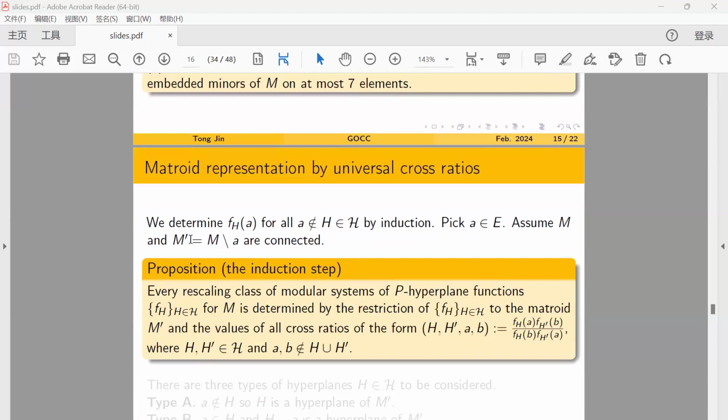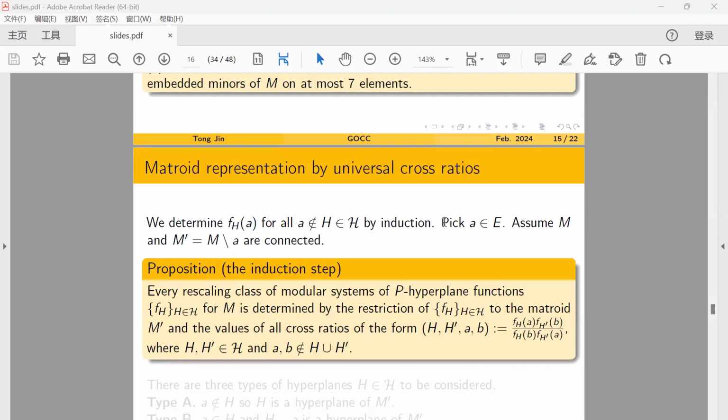So our goal here is to determine FH at A for all elements A outside the hyperplane H. And we will do it by induction. Actually it is not the preferred approach, because in the previous approach, when we do the hyperplane matrix, it is quite direct and we do not rely on induction. So we just complete the matrix immediately.